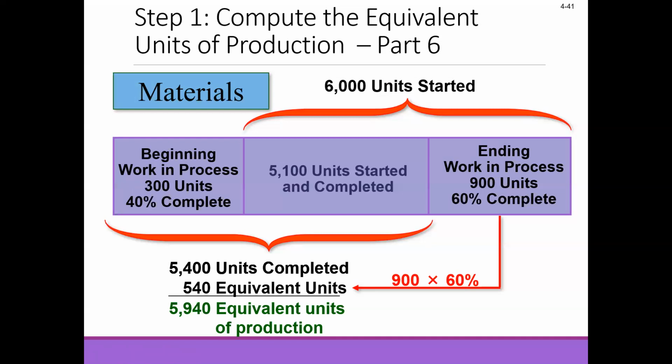The question here is how many units were completed in the month? Well, all these got completed, and the 5,100 also got completed. Even though we started with 40% complete, they ended up getting completed in the month. Do you understand what I'm saying? This was at the beginning of the period, we know they ended up getting completed.